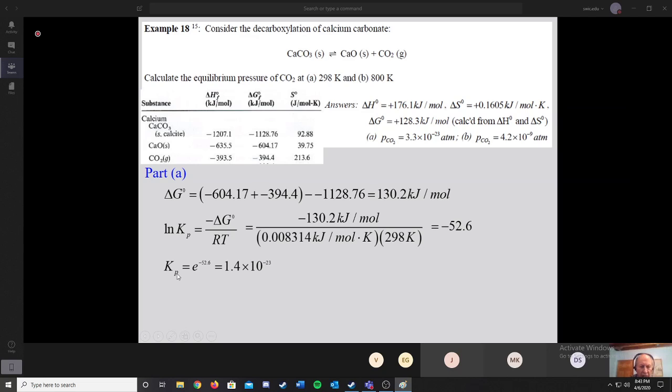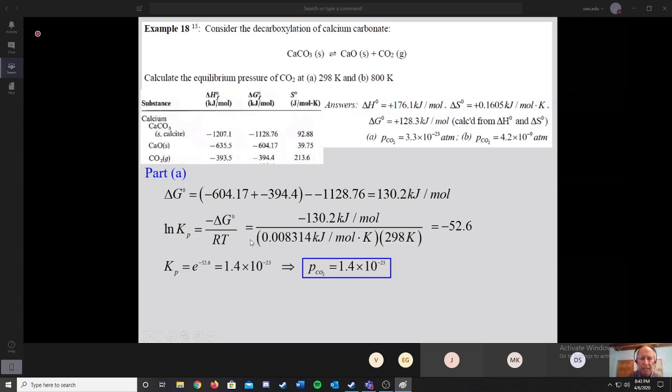Now we need to know how Kp relates to the pressure of CO2, because the question specifically asks for the pressure of CO2. So let's write the K expression for this reaction.